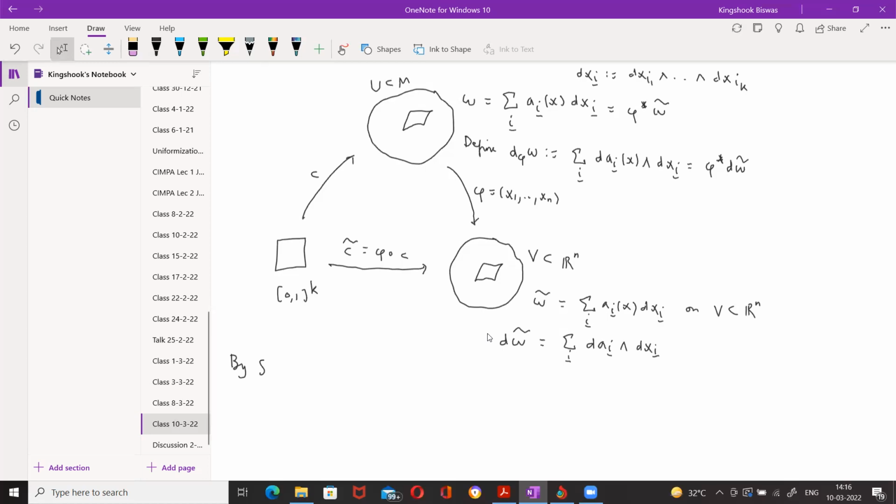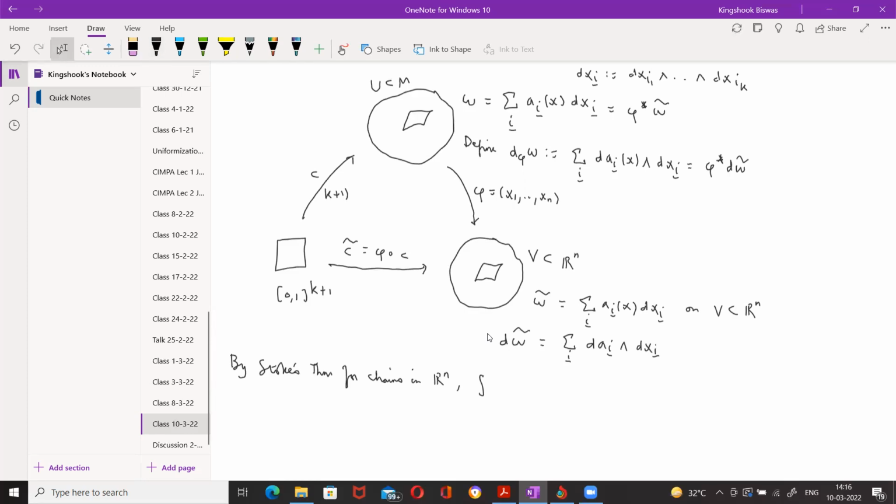So by Stokes' theorem for chains in Rn, suppose C is a k plus 1 cube, sorry.